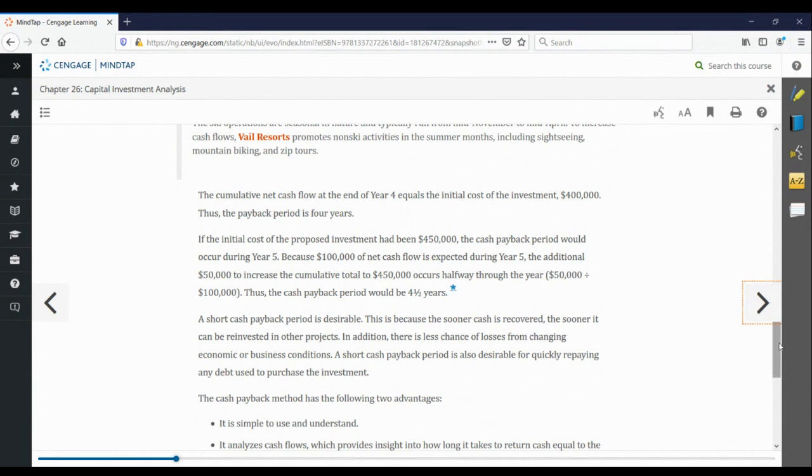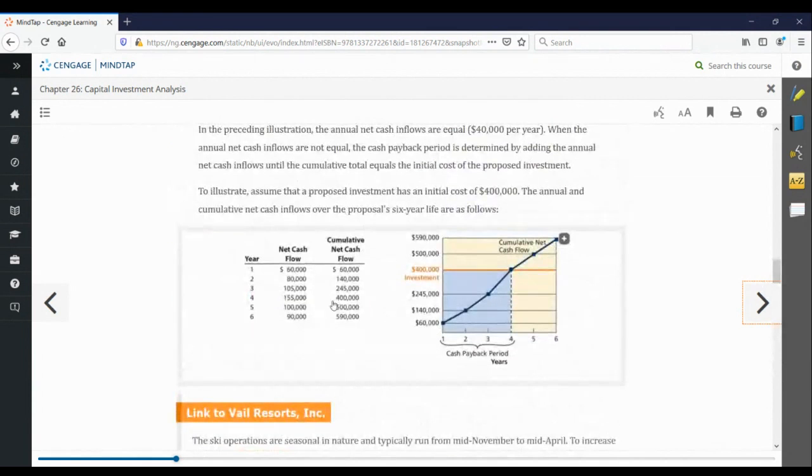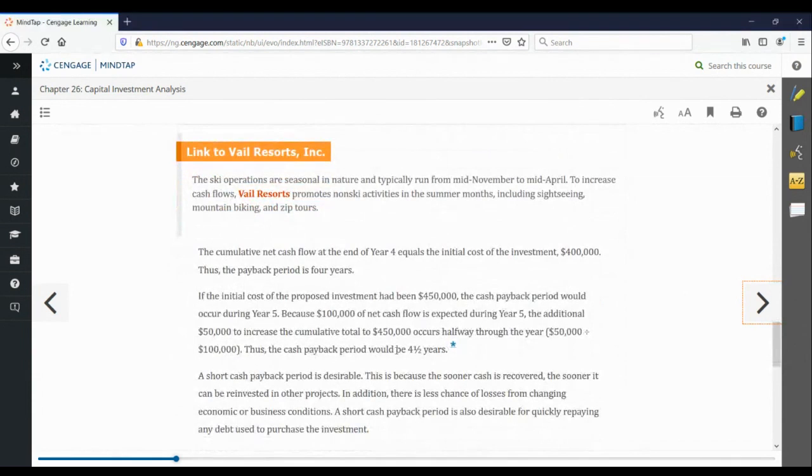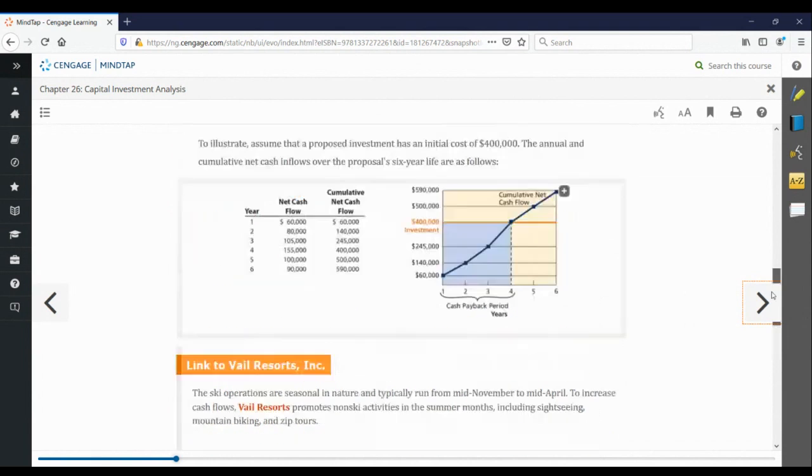And if we were using the same net cash flow amounts for each year, what would happen is in year 4, we would reach 400,000, but that's not the cost of the new asset, the what if analysis is saying, what if it's going to cost us 450,000? We would go on into the next year's cash flow.